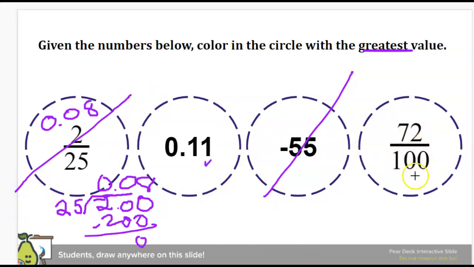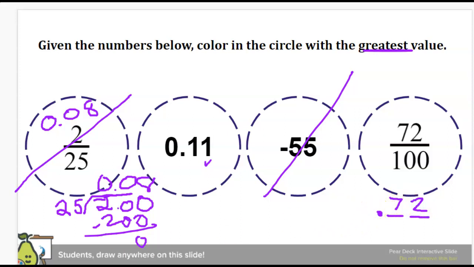Now, sometimes when we have fractions like this, we do not need to divide them out because 72 hundredths means that we have our place value. Hundredths. Well, that's the hundredths right there. So that would be 72 hundredths.